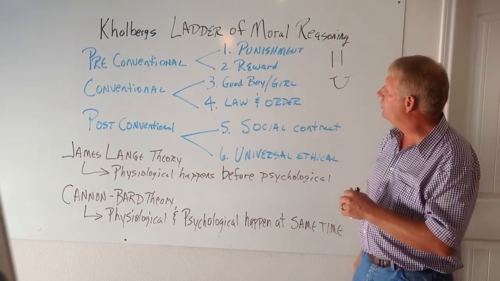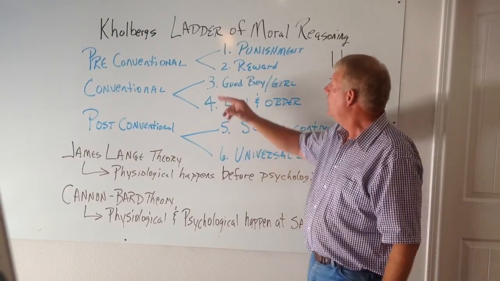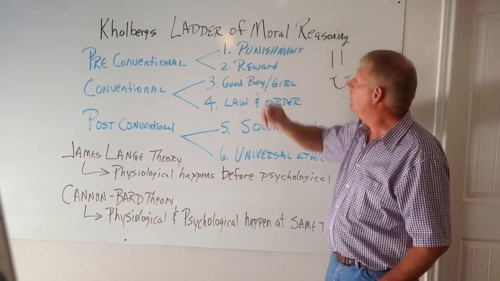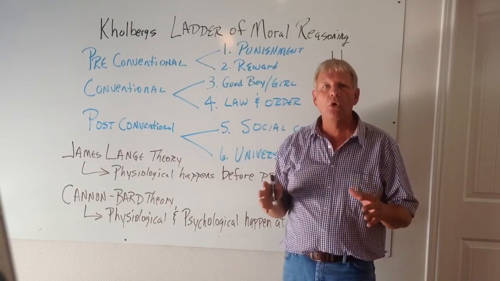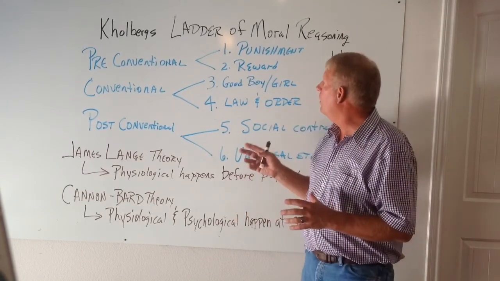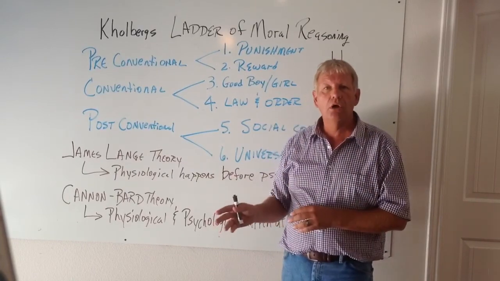We all go through this, and when we're a little kid, we start out, we have to learn pre-conventional morality. Now let's talk about moral and ethical. Moral is your sense of right and wrong.